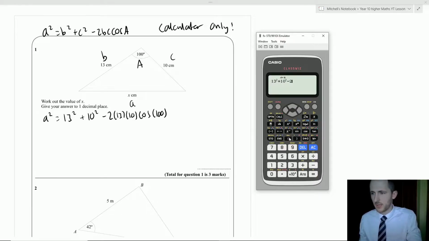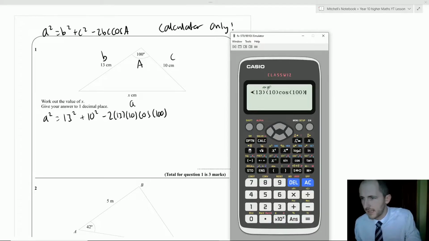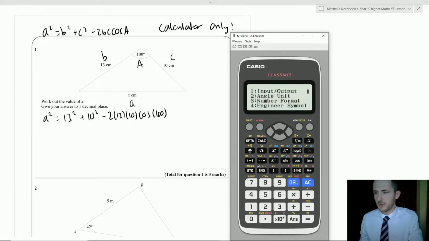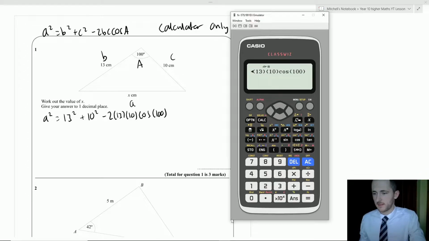Minus 2, which also means using brackets as well, just to be 100% sure you're going to get the right answer. And then cos 100. And again, remember, the one thing you want to check is that this capital D is highlighted. It means you're in degrees. If not, shift menu, angle unit, degrees. Easy peasy.